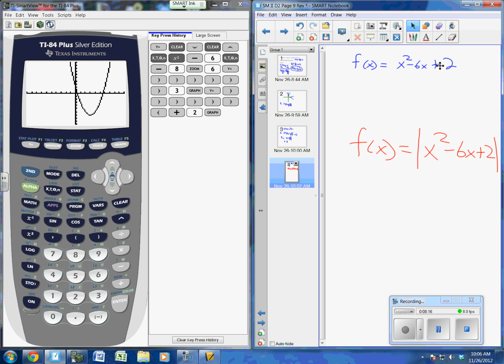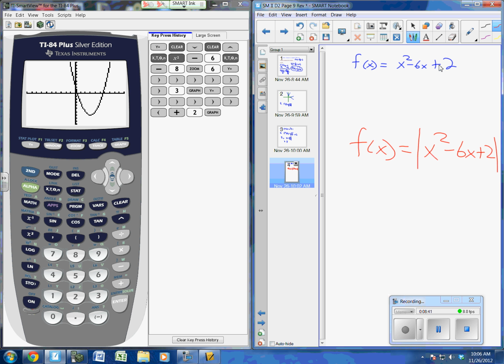Stephanie. It'd be a V thing? You're saying it would be like that? Okay, here's the problem. The V thing is true if it's a linear function that you're taking the absolute value of, but what kind of function is this? It's a quadratic, right? And so what is it going to do to the quadratic equation? It is going to make that W shape.